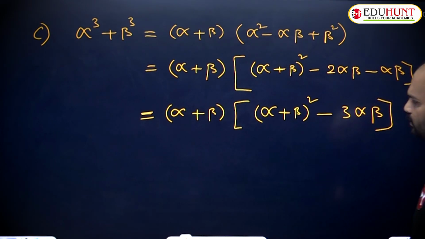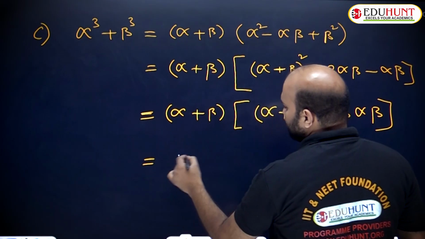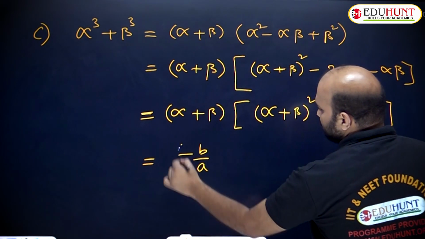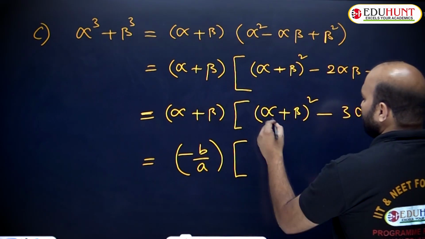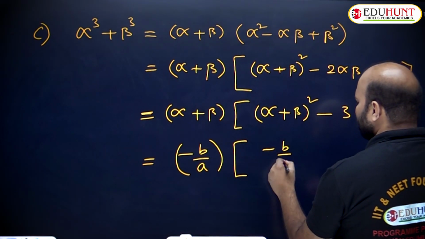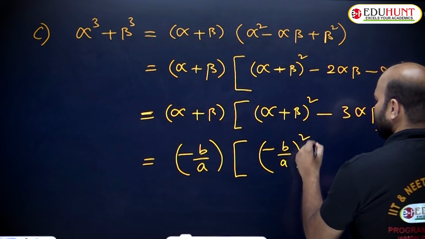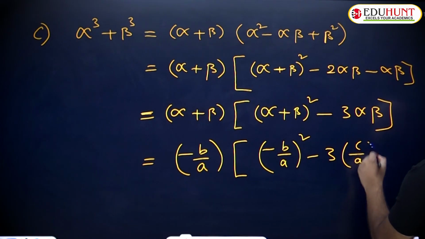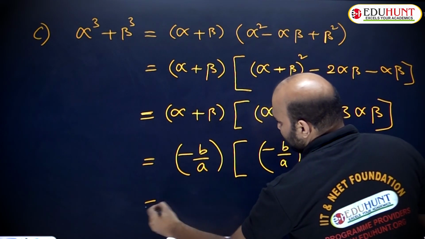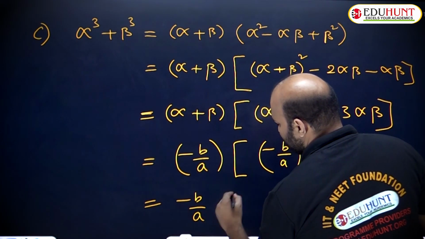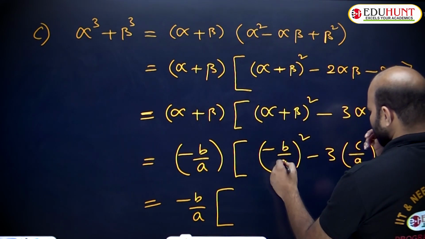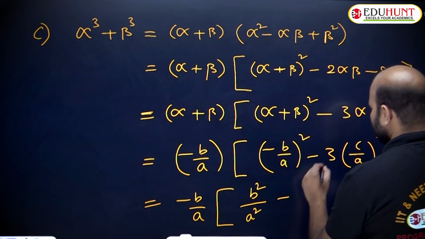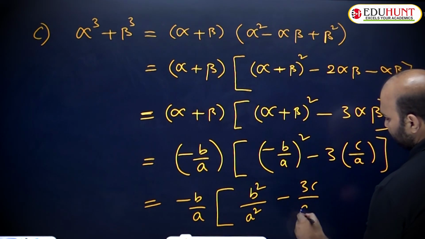Am I clear? So, alpha plus beta formula is minus b by a, the sum of the roots, into alpha plus beta, minus b by a whole square, minus 3 into alpha beta, the value of alpha into beta is c by a. So, it can be written minus b by a into minus b by a whole square can be written b square by a square minus 3 into c by a.